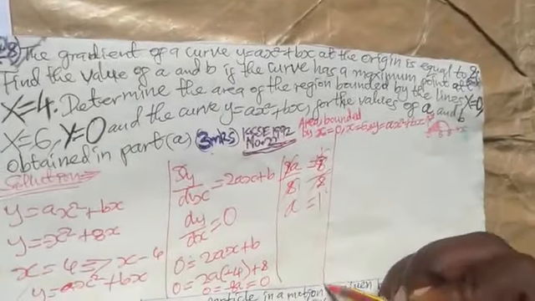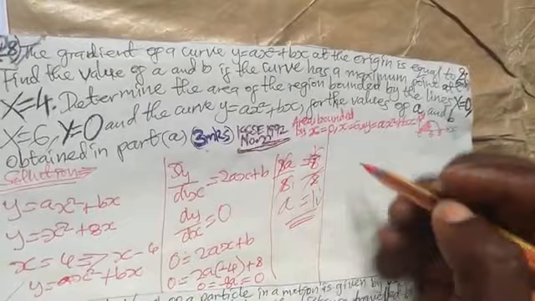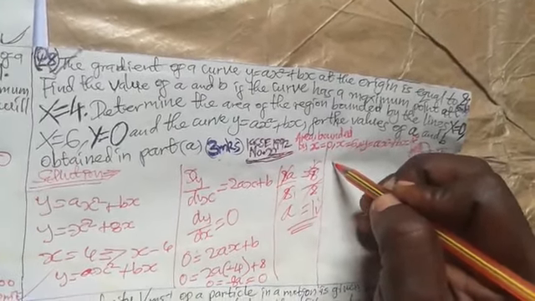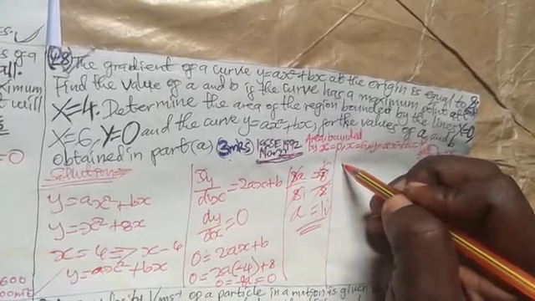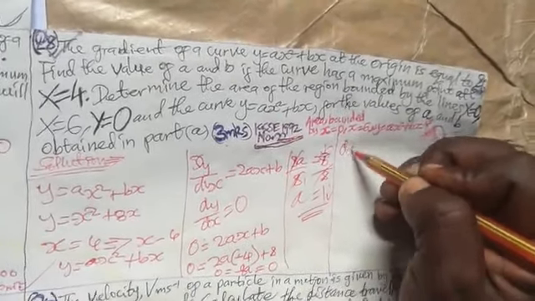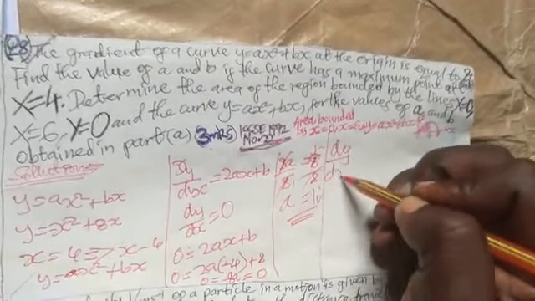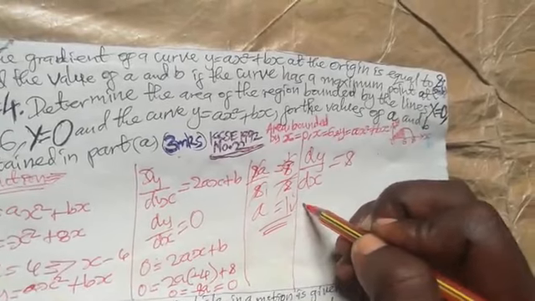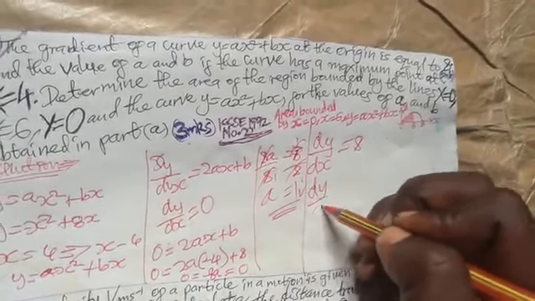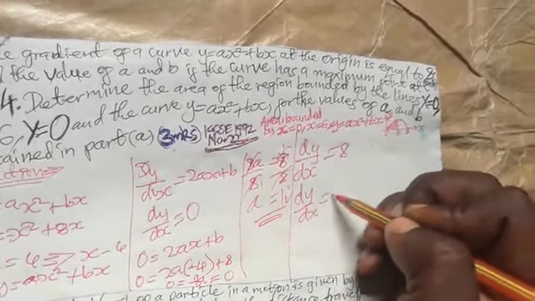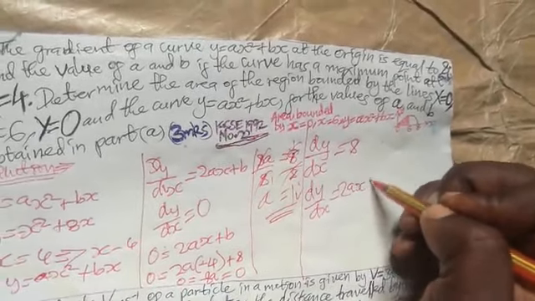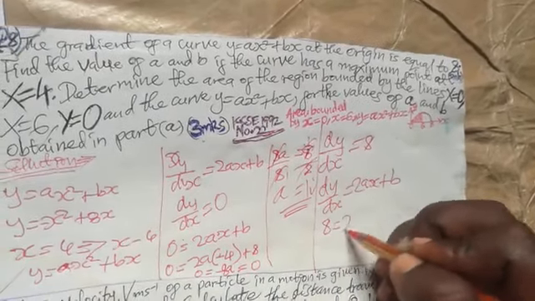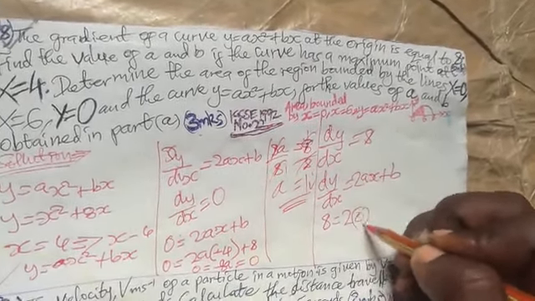This is at maxima. At minima, gradient is 0. Therefore, dy over dx is equal to 8. Therefore, dy over dx is the same as 2ax plus b. 8 is the same as 2 in brackets 0 plus b.